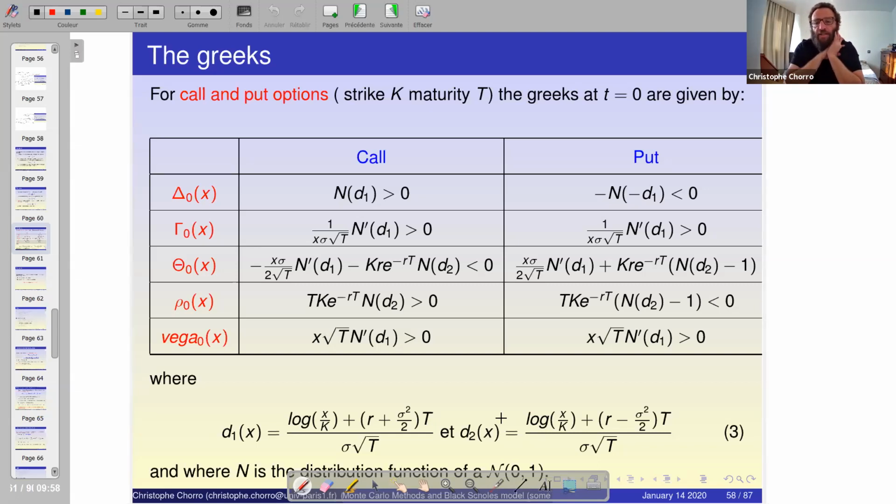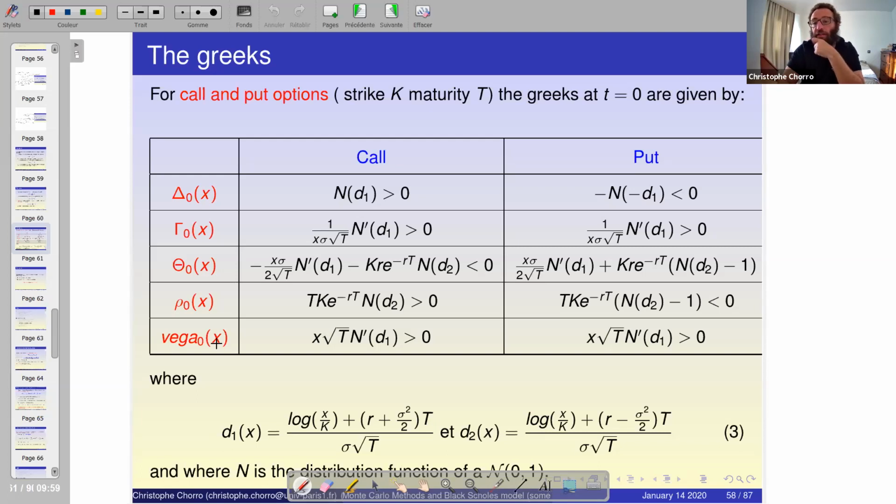What I can see in the Black-Scholes model is that you have expressions for delta, gamma, theta, rho, and vega. And you see that there is a link between the gamma and the vega. In fact, up to a constant, these two expressions are the same. This implies that when we focus on delta and gamma in the Black-Scholes model, in fact, we also take into account the vega.